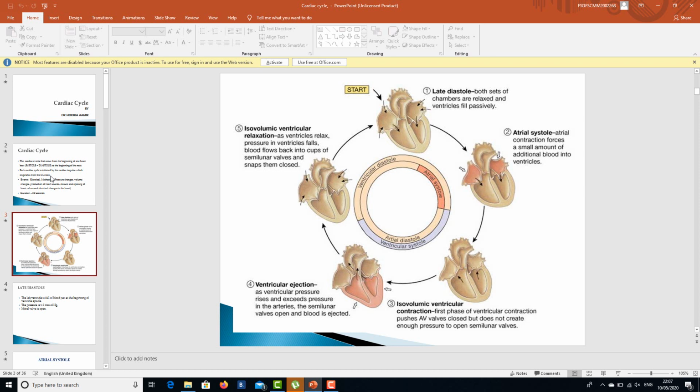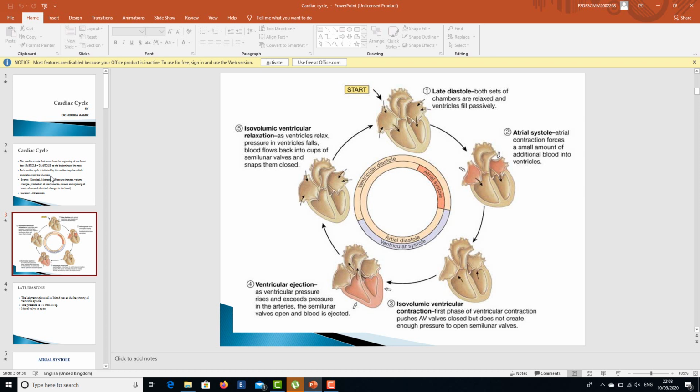So we should be knowing about how the blood is taken. In diagram number 2, you can see that the blood coming from the lower portion of the body or from the upper portion of the body enters by means of the superior as well as the inferior vena cava.